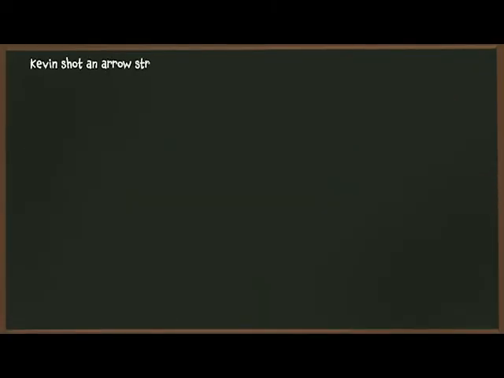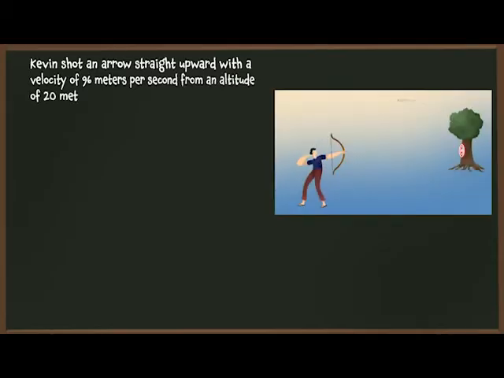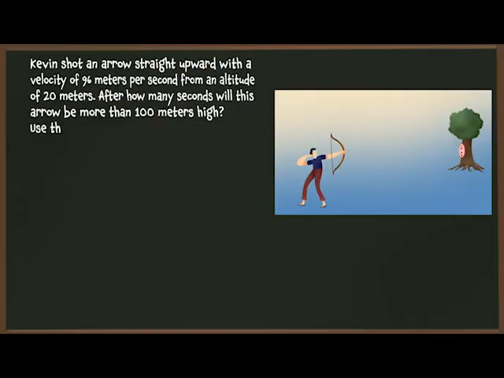Problem number 1. Kevin shot an arrow straight upward with a velocity of 96 meters per second from an altitude of 20 meters. After how many seconds will this arrow be more than 100 meters high?